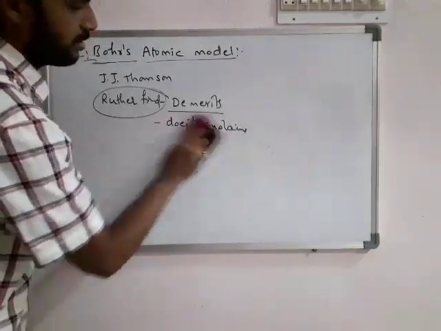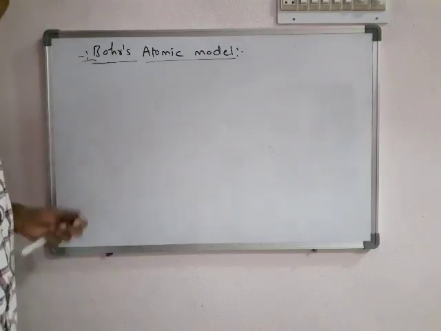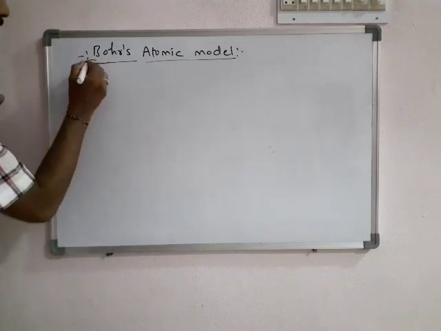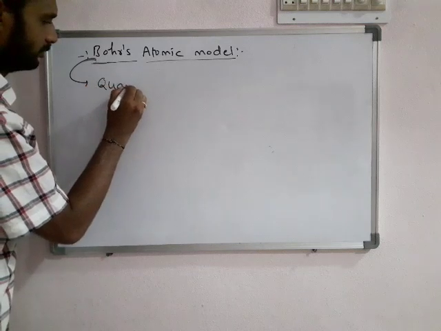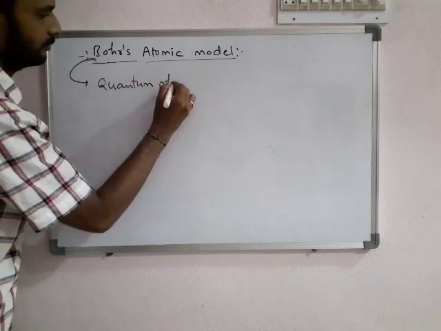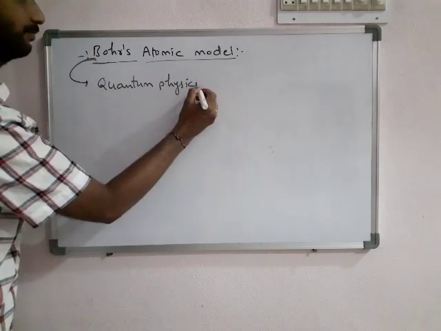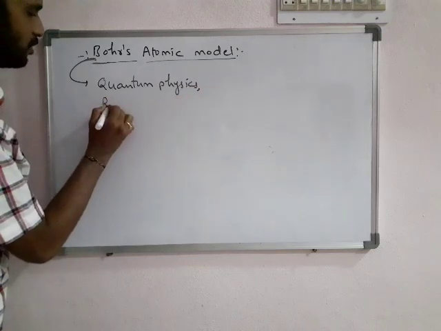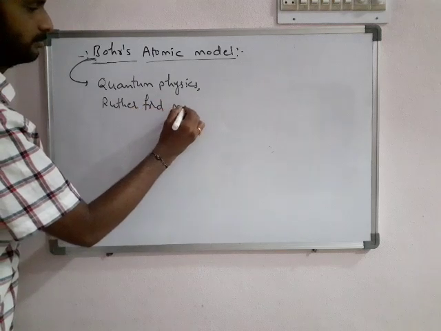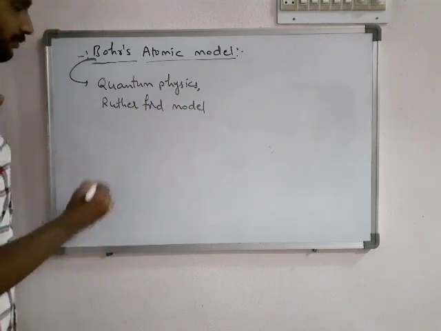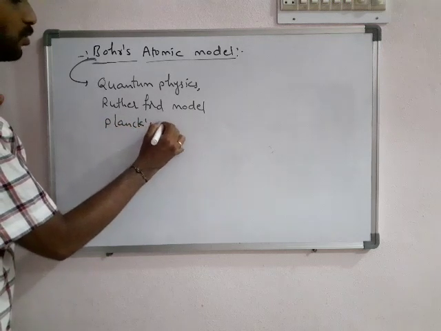After a few years, Niels Bohr gave his atomic model, which is based on some assumptions of quantum physics, and it also takes some assumptions from the Rutherford atomic model.